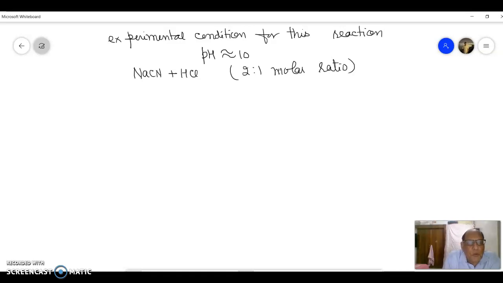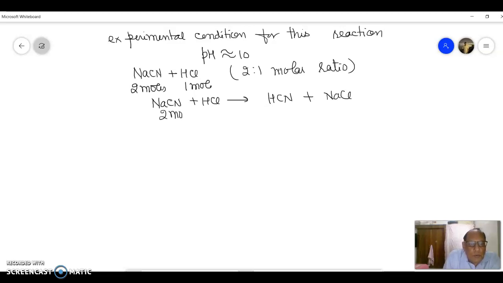The question is, why do we take sodium cyanide and hydrochloric acid in 2:1 molar ratio? Suppose we take 2 moles of sodium cyanide and 1 mole of hydrochloric acid. Then sodium cyanide will react with hydrochloric acid to give a weak acid, hydrocyanic acid, and sodium chloride. Initially there was no HCl, no NaCl.